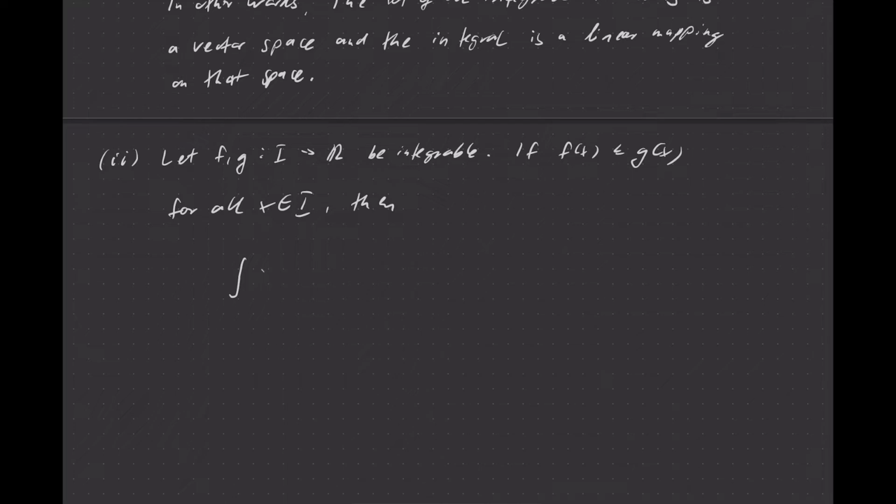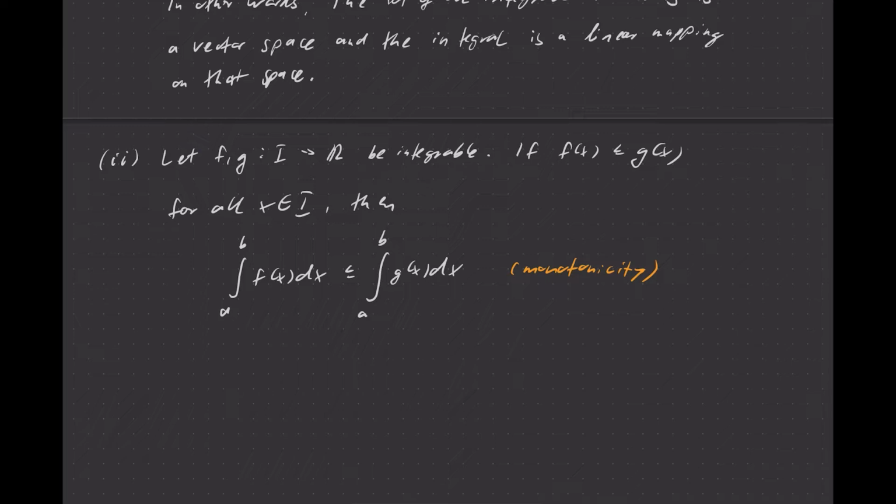So then the integral of f of x dx from a to b is less or equal to the integral of g of x dx over the same interval. And as I said, this property is known as the monotonicity property of the integral.